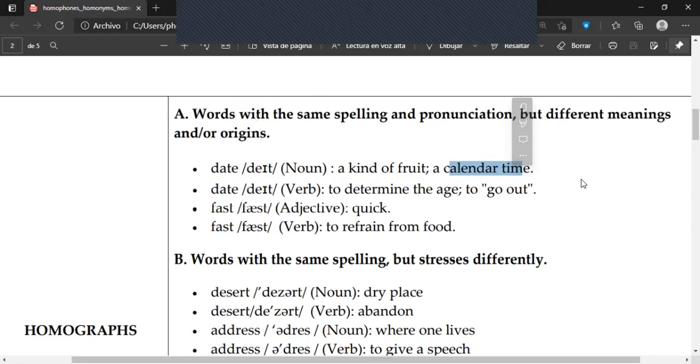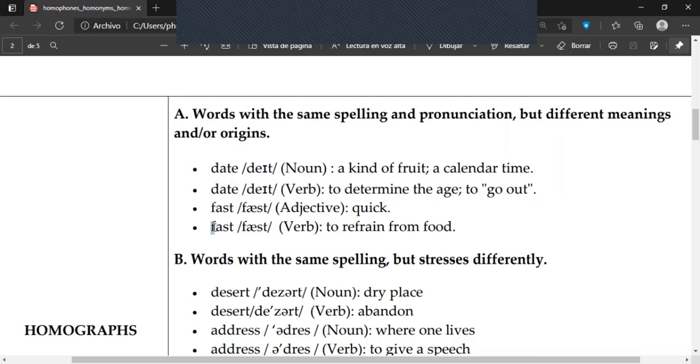And also when you go out with your boyfriend or girlfriend, you are in a date, or you date someone. So it can be either a noun or a verb. To determine the age and to go out is considered the action. And like I said, the spelling is identical, as the pronunciation is.